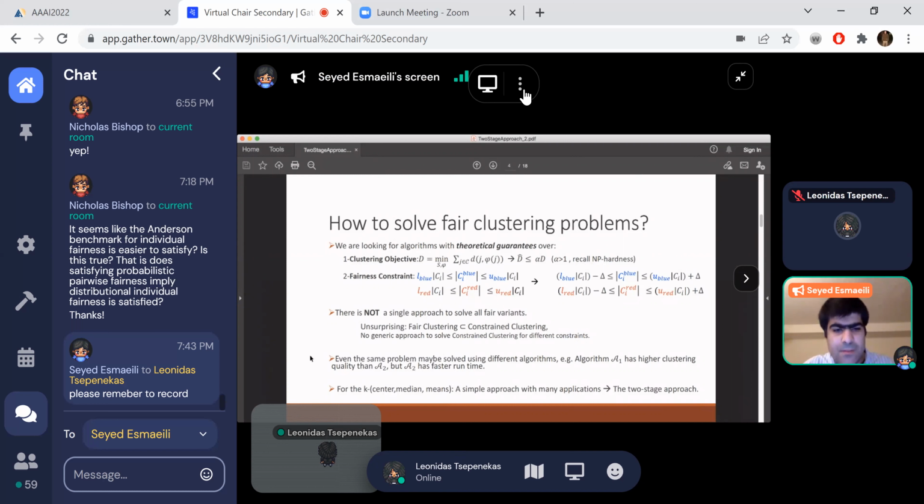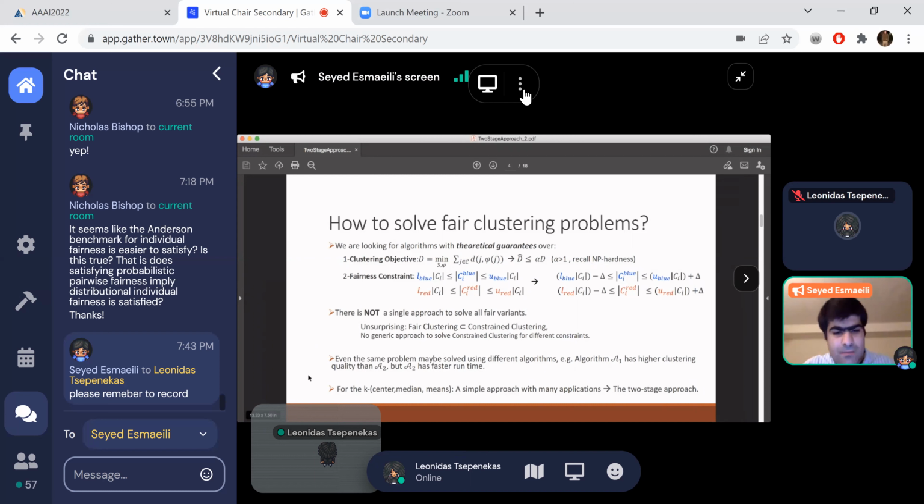The second thing to mention is that the same problem may be solved using different algorithms, and we may even desire different algorithms to solve the same problem. For example, we might have two algorithms, A1 and A2. Algorithm A1 could have a higher clustering quality, that is, it does a better job in minimizing the clustering cost than A2, but A2 could have a faster runtime. So we might want to use A2 at times instead of A1 because it simply has a better runtime.